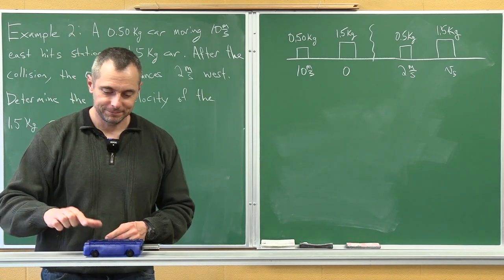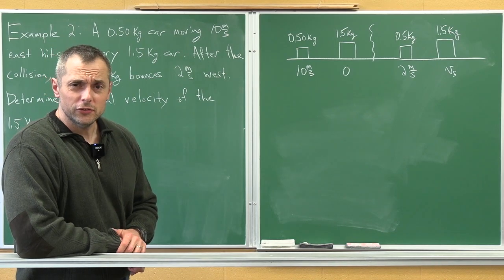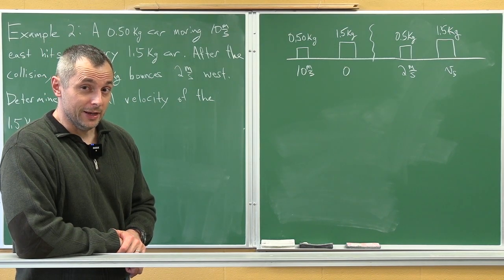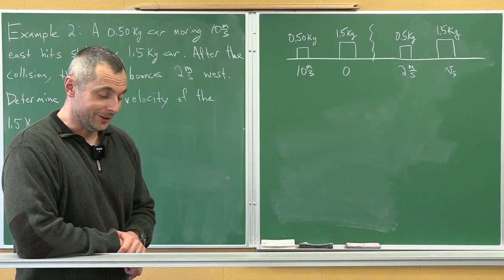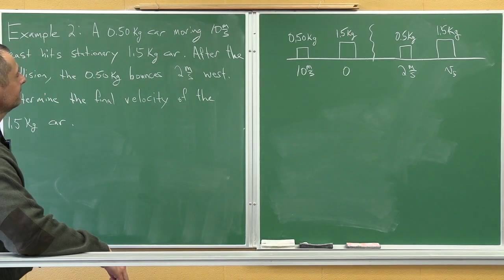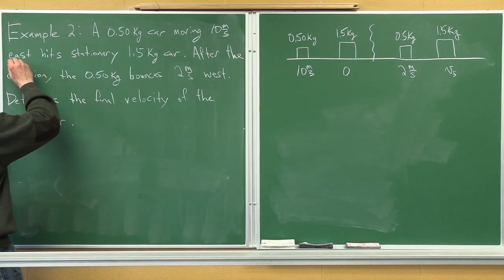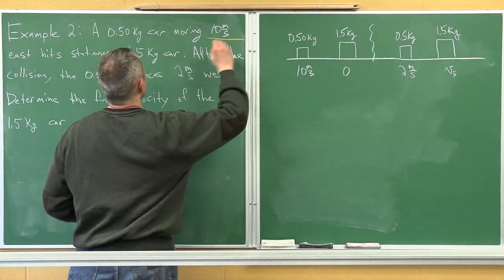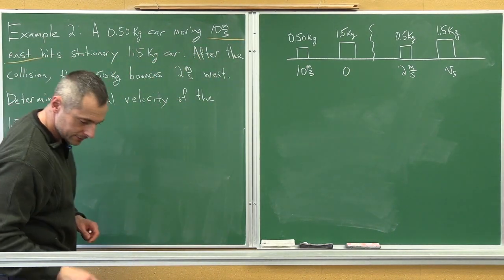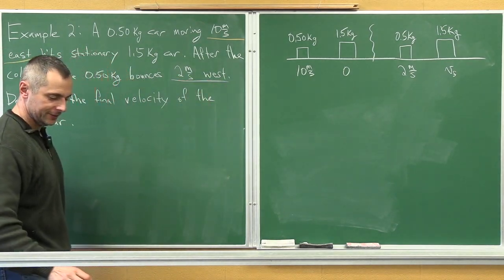Okay, so let me ask you, can you see a mistake that I've made? Well, let me give you a hint if you didn't see. Let's do some colors. 10 east to west.